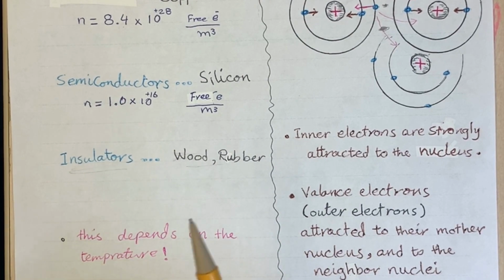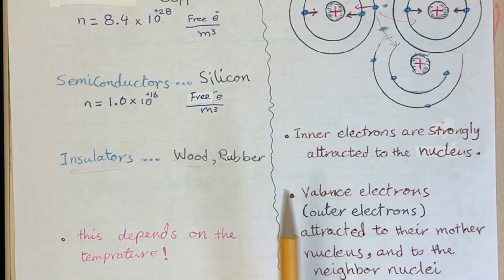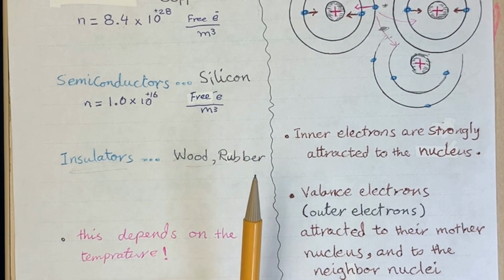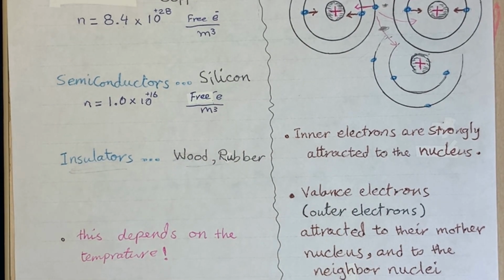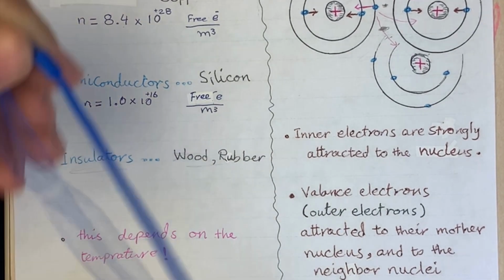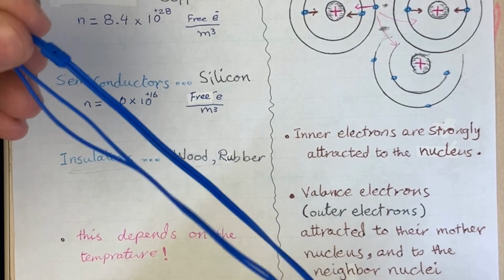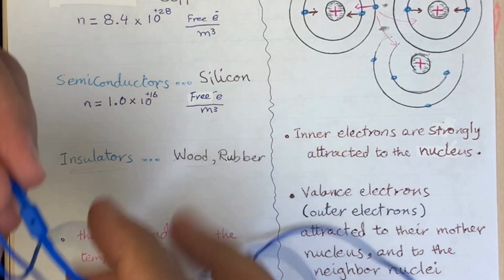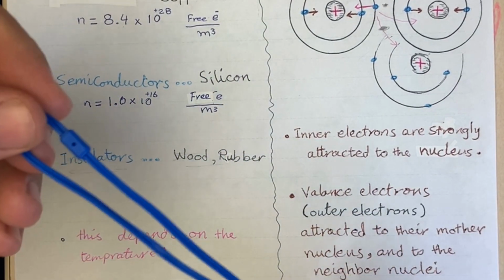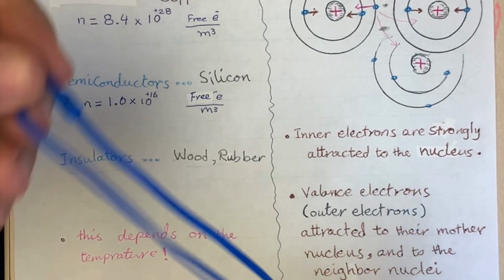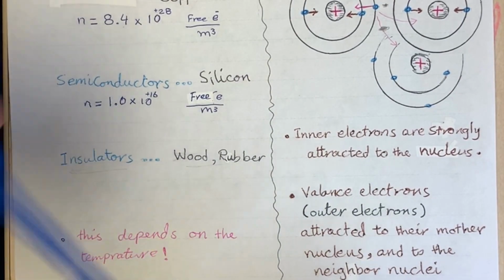But it is not accurate actually, because for example, you know that we have wires with plastic or rubber to insulate them, but some types of plastic are better than others, or rubber.